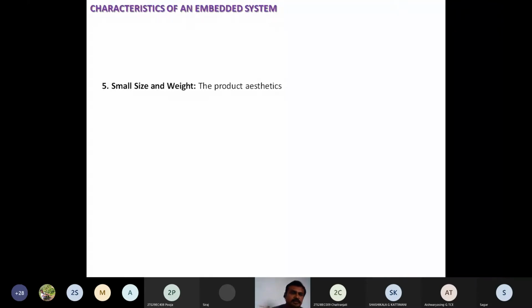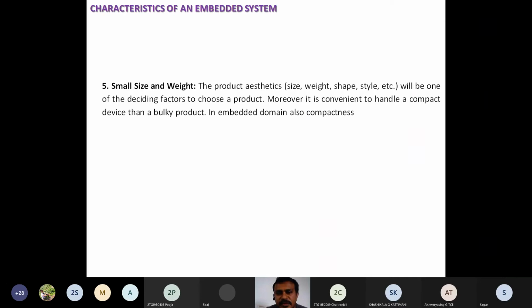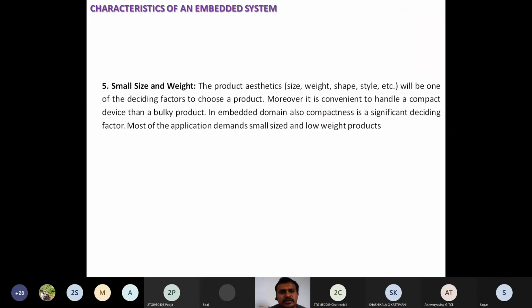Then obviously nowadays, any device we are going to operate, the expectation of the user, what is it? It must be a small size and less weight. So the product parameters or aesthetics like size, weight, shape, style, and other conditions or requirements of the user will be one of the deciding factors to choose a product.